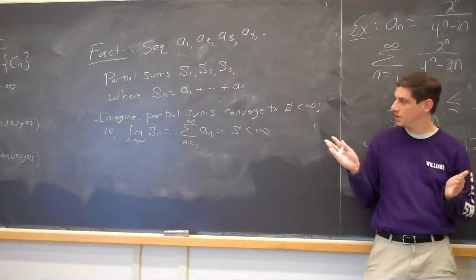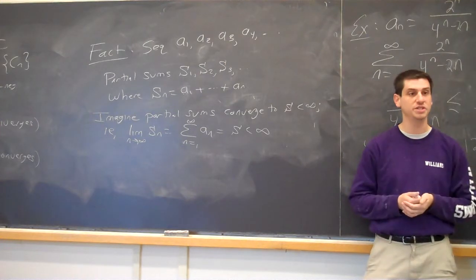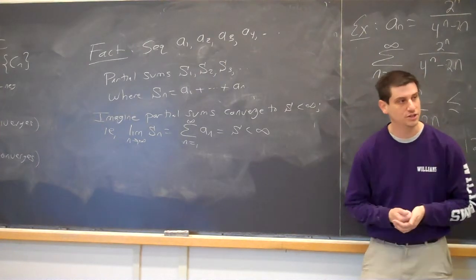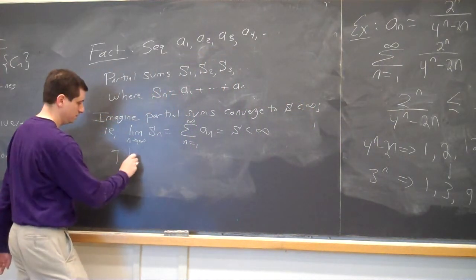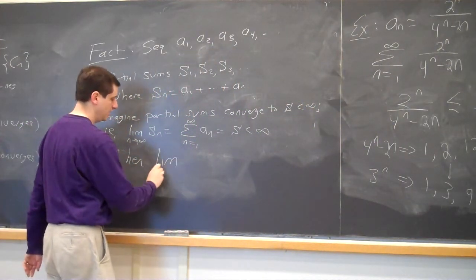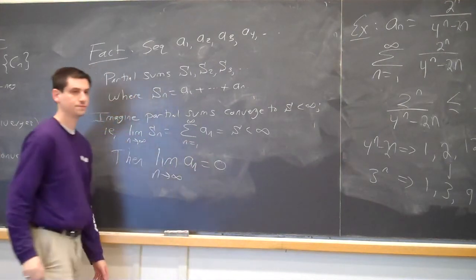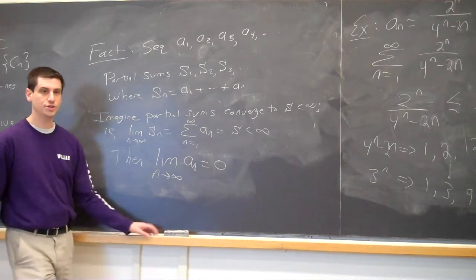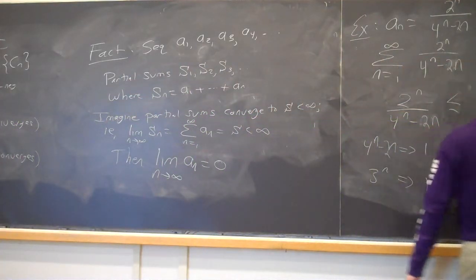The only way the partial sums can stabilize is if what I'm adding from some point onward is insignificant in the limit. And so the An's have to tend to 0. The limit as n goes to infinity of An equals 0. So this is a great fact. If a series converges, the terms tend to 0.